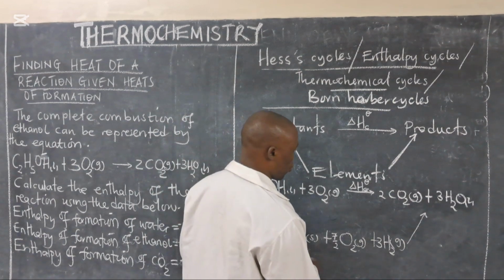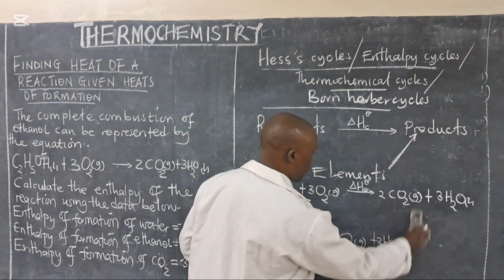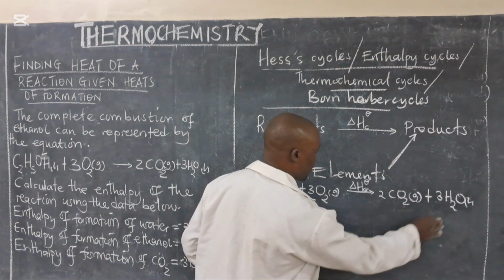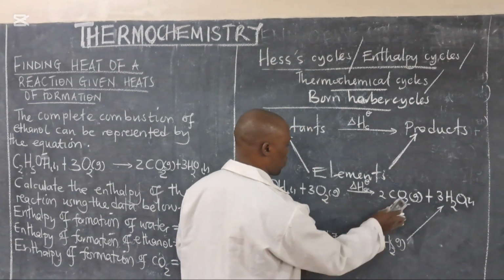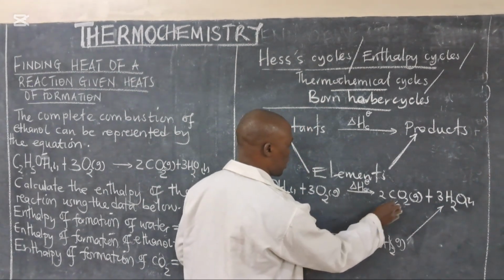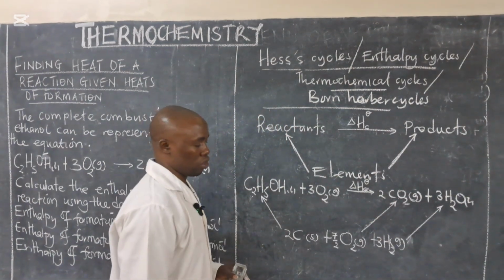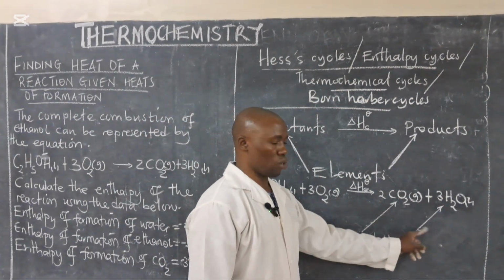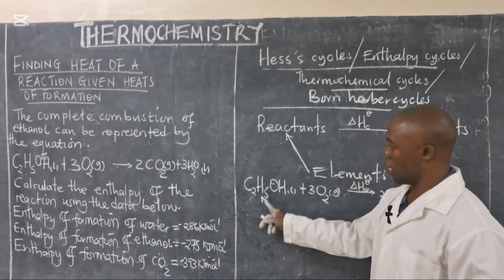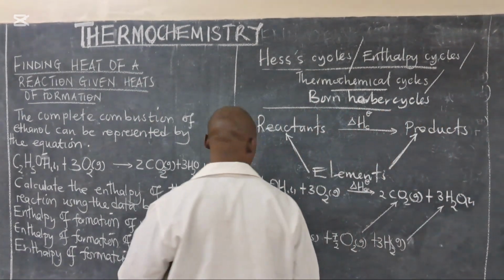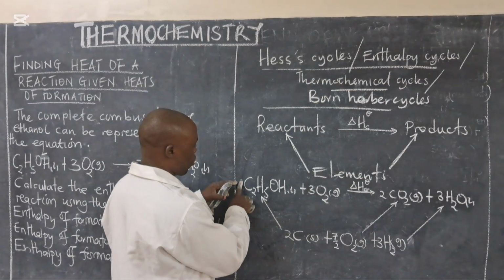Now we can also draw 2 arrows, one pointing to that and one pointing to that, from anywhere this side, or you have 1 arrow and put all the heats on 1 arrow there. So let's punch in those values. Formation of ethanol is negative 275, and we have formed 1 mole here.